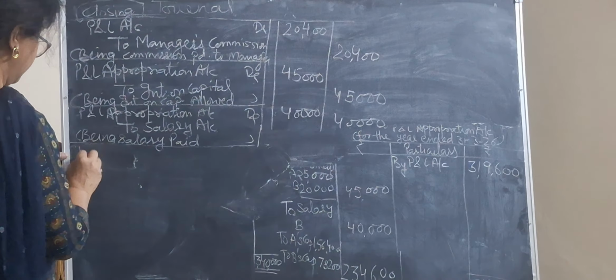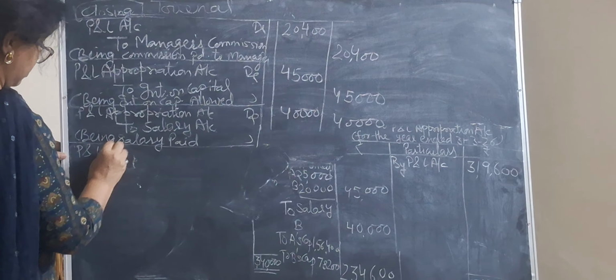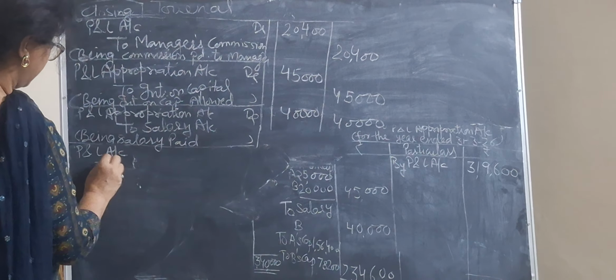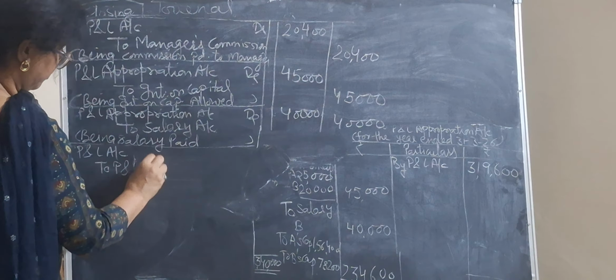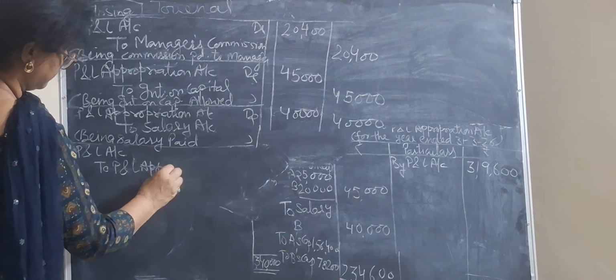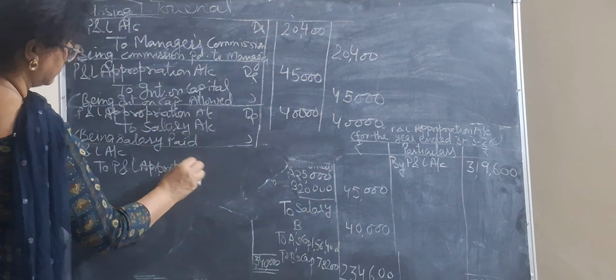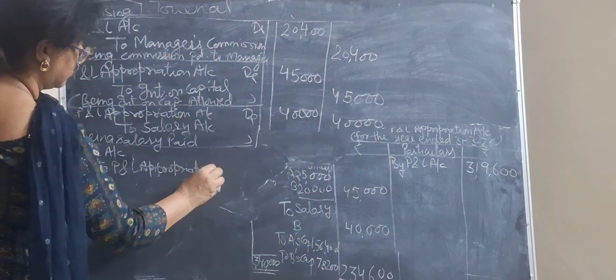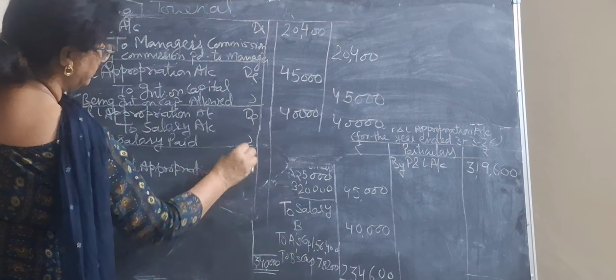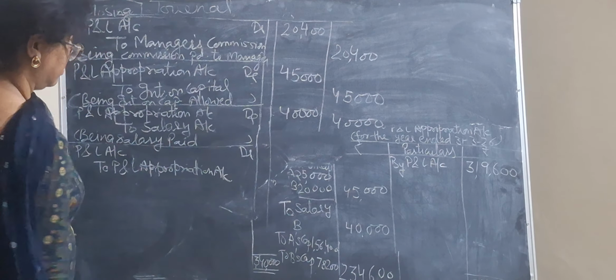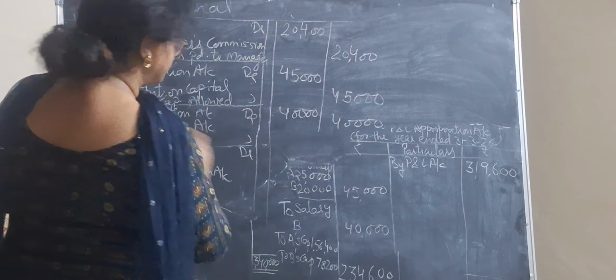So it will be P&L account reduced, and which account increased? By P&L appropriation account. Because profits for the firm is a liability toward the owner. So they have to pay it to the owner.